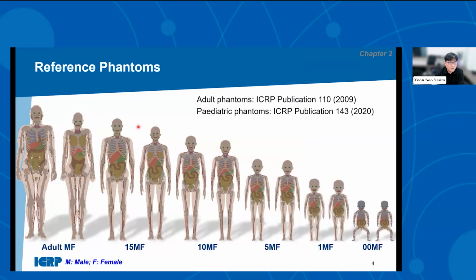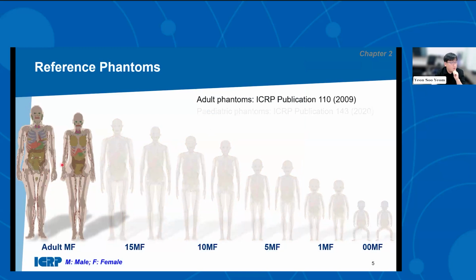So this slide shows the ICRP reference phantom series used for those coefficient calculations. As you can see, the adult male and female phantoms were released through ICRP Publication 110 in 2009.